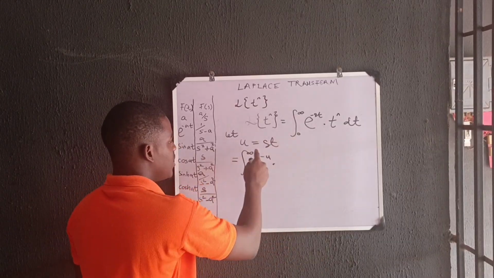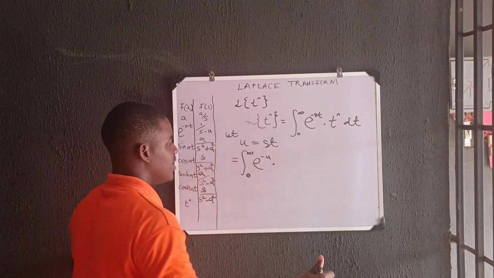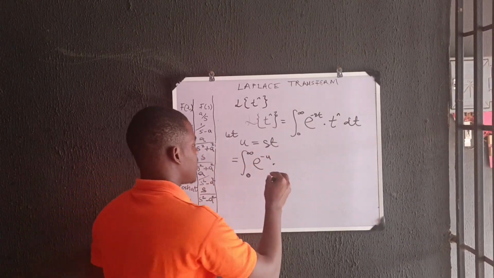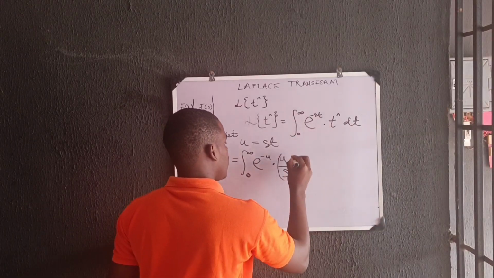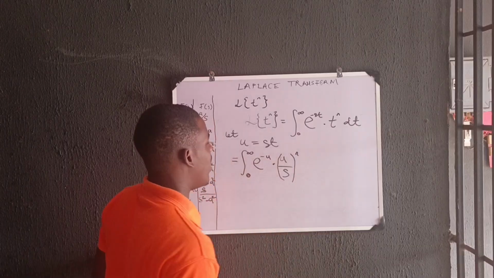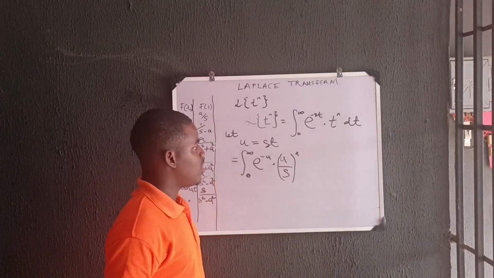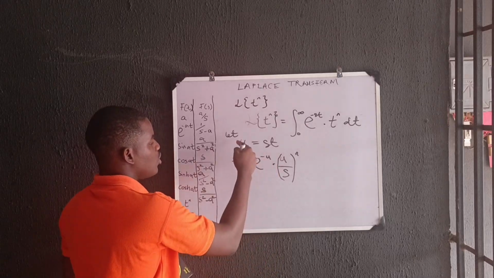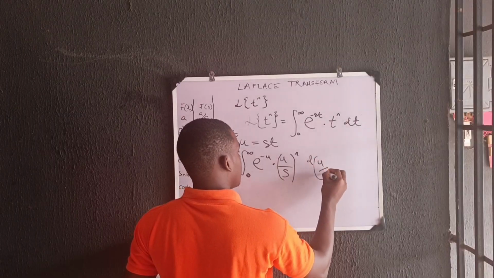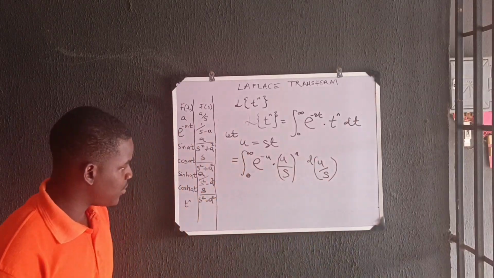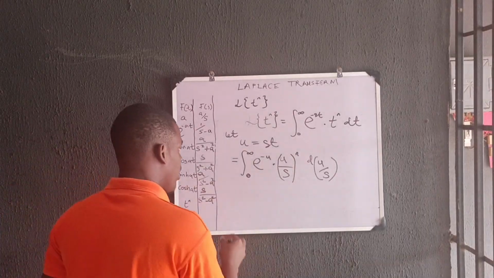We are also going to substitute it here. t is equal to u over s. So here we have u over s all power n, then dt. But this time around, since t is equal to u over s, we are going to say du over s, right? This is what we are going to be having.